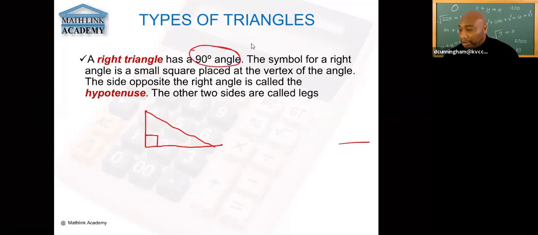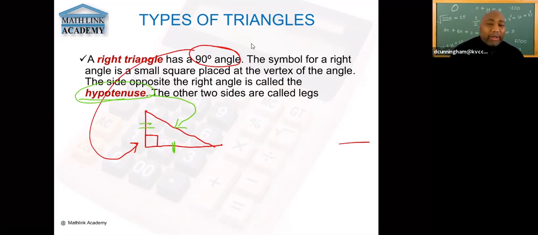Normally if I don't see that square, it may not be 90, it may be 91 or 89, but the square tells me it's 90 degrees. In this case, our hypotenuse is opposite the 90-degree angle, which is located right there. And then these two are called legs. Here's a leg here, and here's a leg.